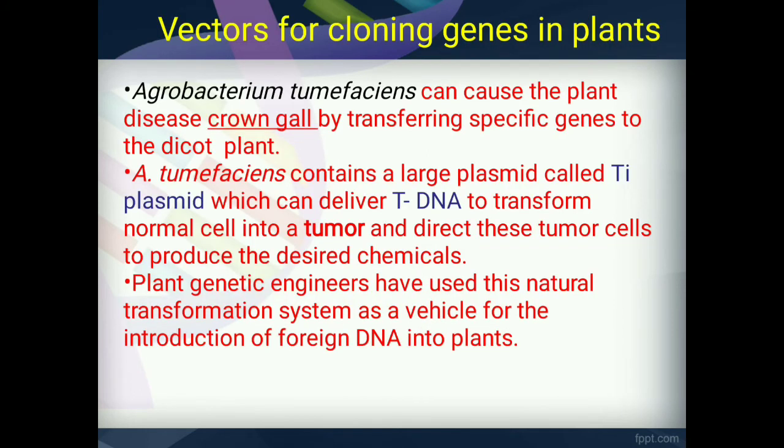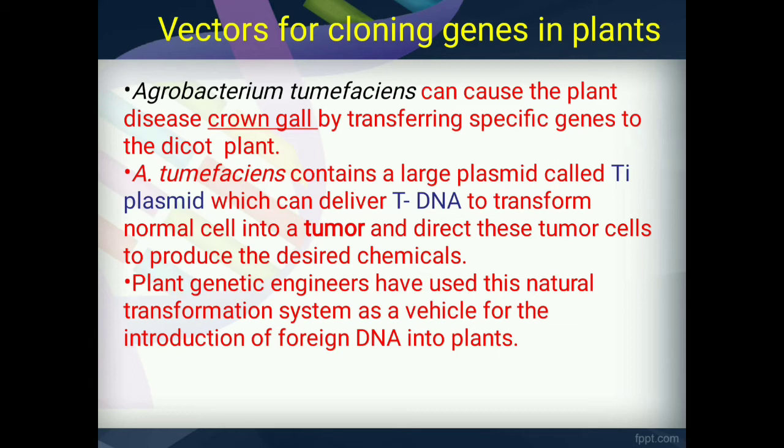Here, vectors for cloning genes in plants. A very good example is Agrobacterium tumefaciens. Now Agrobacterium tumefaciens is a soil bacterium which causes crown gall tumors in dicotyledonous plants. A gall producing gene occurs in the large plasmid called tumor inducing plasmid, or Ti plasmid.